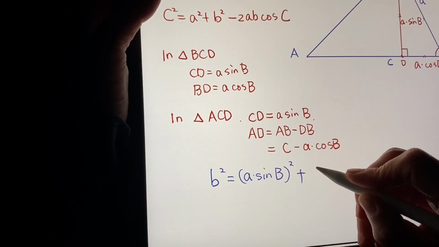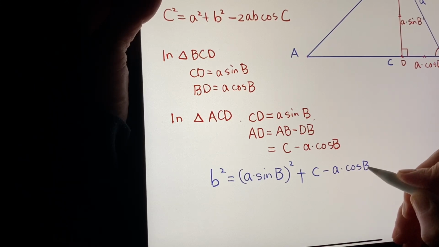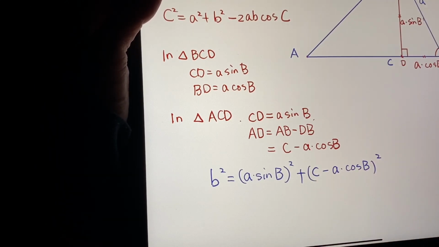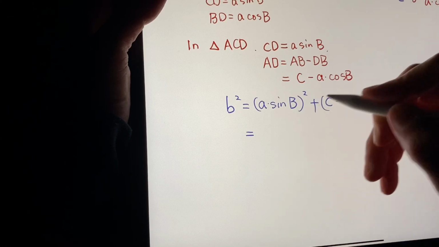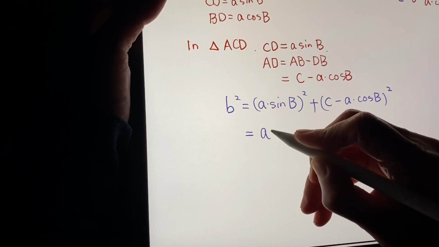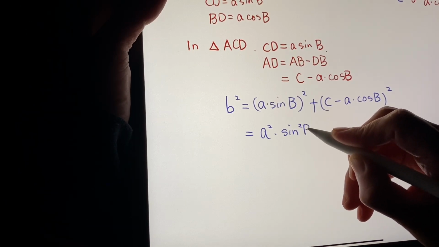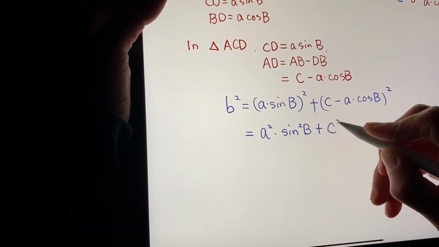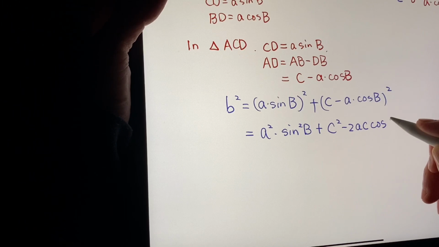AD is c minus a times cosine B, squared. Now it's a pure mathematical calculation. I'll just open it up. Arithmetic: a squared sine squared B plus c squared minus 2ac cosine B plus a squared cosine squared B.